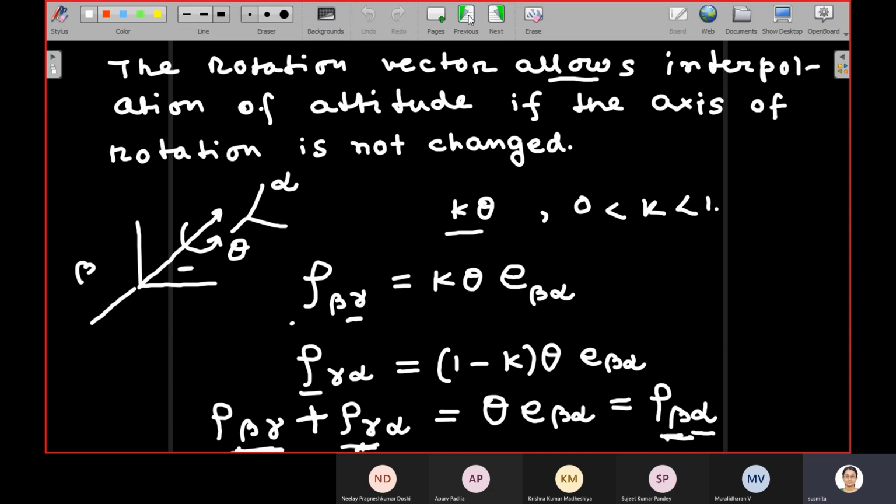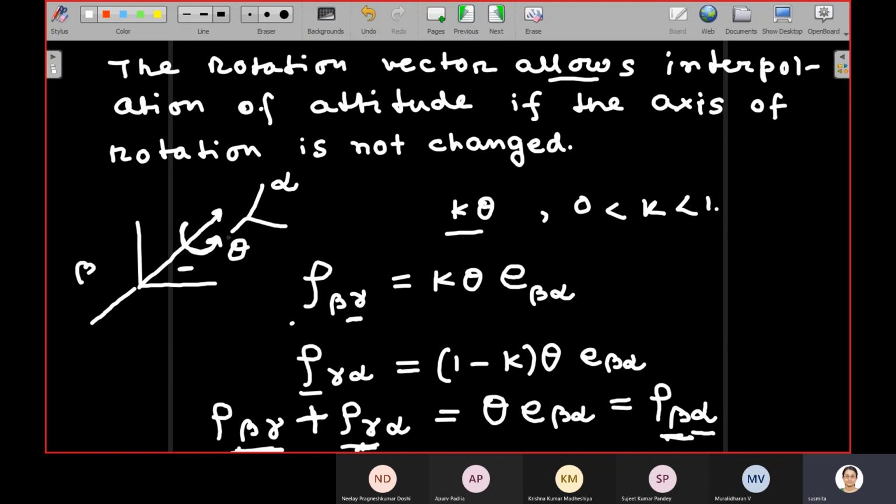Next, let's see another thing about the rotation vector. Let's say we have applied a rotation of 2 pi about the axis of rotation. What do you think the final frame would be if we apply a rotation of 2 pi? What will be the final frame? It will be the same. We will come back to the old position. Yes, we get the same frame, beta frame, right?